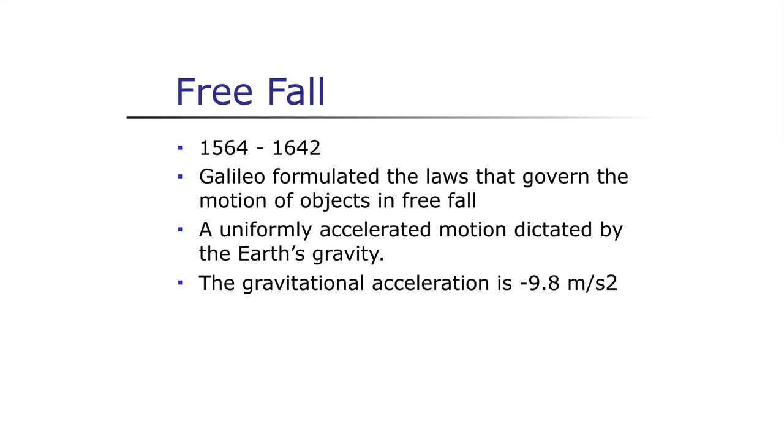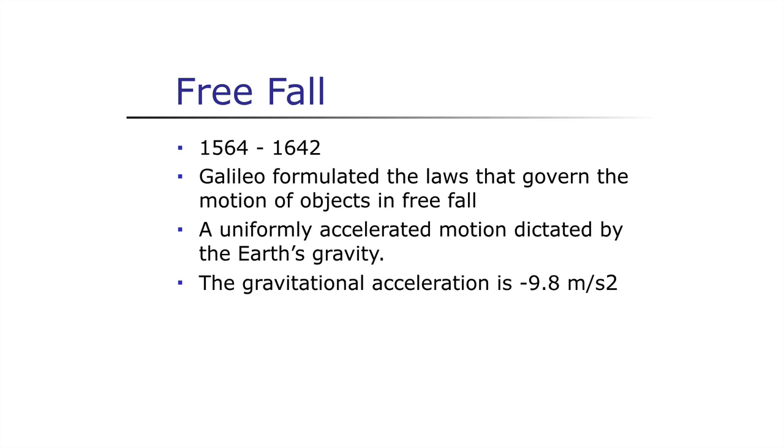That is because the gravitational acceleration is towards the Earth's center. If you throw a coin downwards, then the coin will accelerate. That means its speed will keep on increasing because it's accelerating towards the center of the Earth. In all circumstances, the acceleration is always towards the center of the Earth.